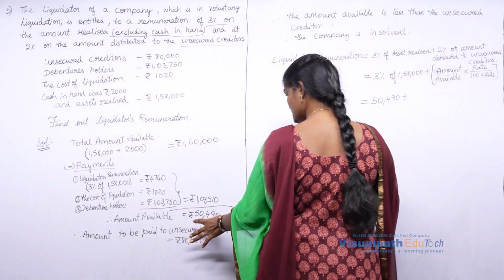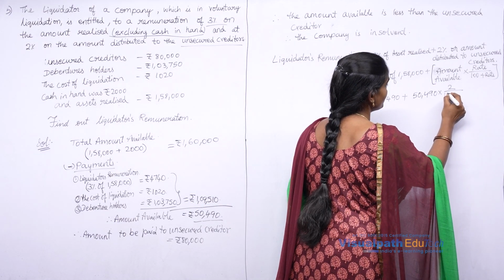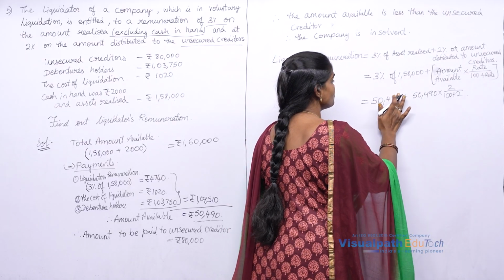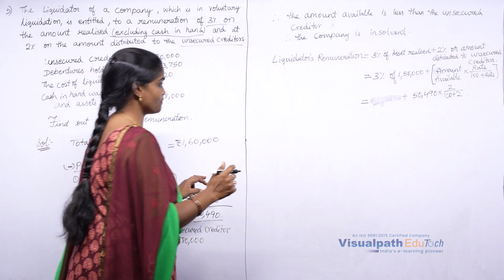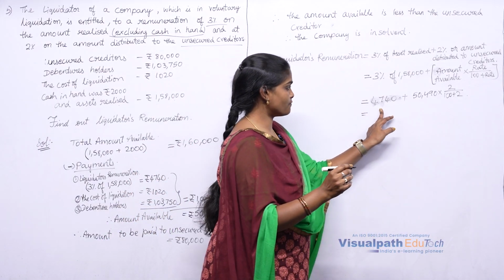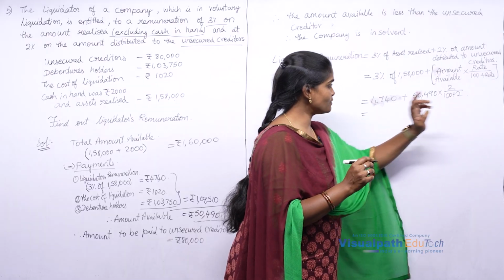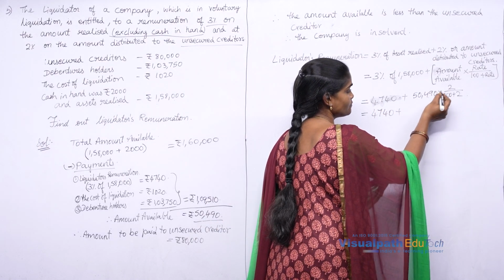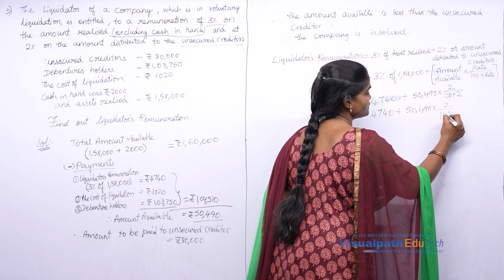Amount available is 50,490 into 2 by 100 plus 2. So 3% of 1,58,000 is 4,740 plus 50,490 into 2 by 102.